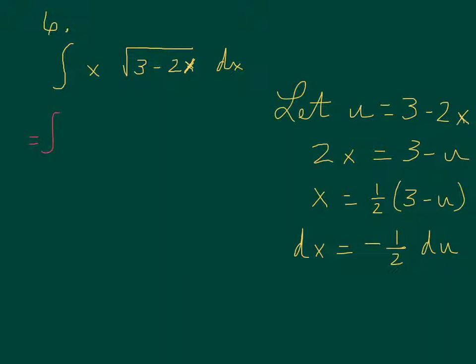So we have here, in place of x, we're going to put 1/2 times the quantity 3 minus u.